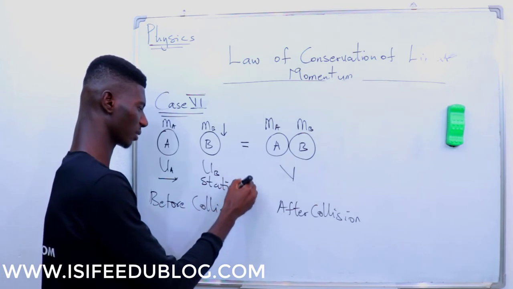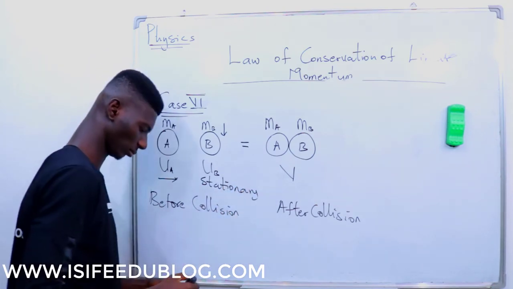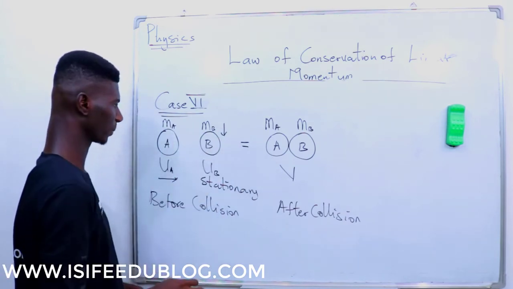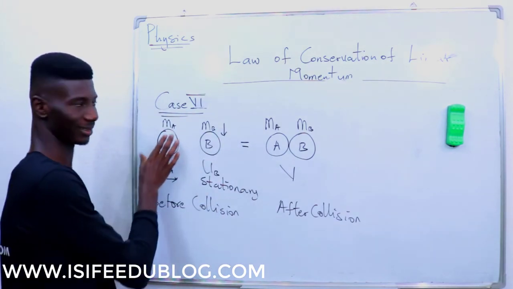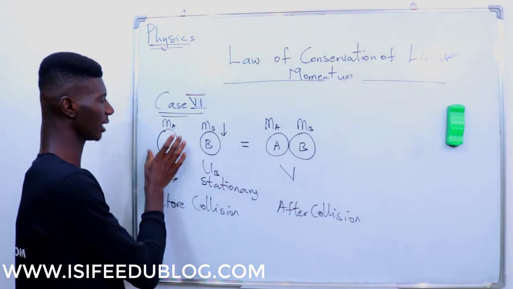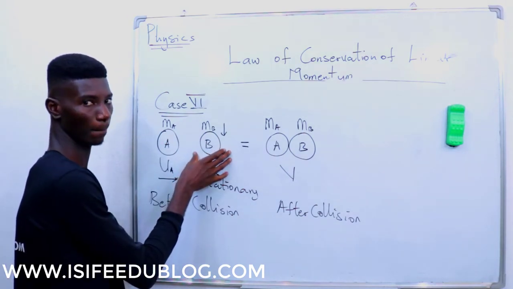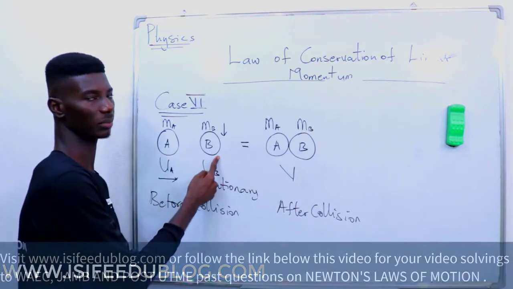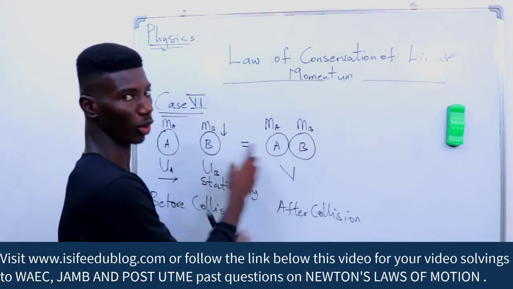Stationary, it is fixed at one point. It doesn't move. Now, this one is moving. So once this moves and hits, we can get two cases here. This can hit this stationary body and join.